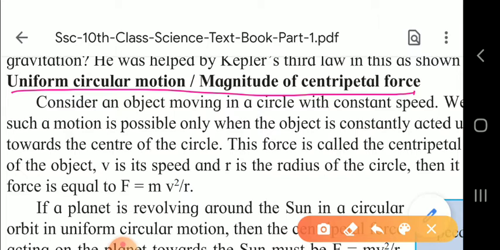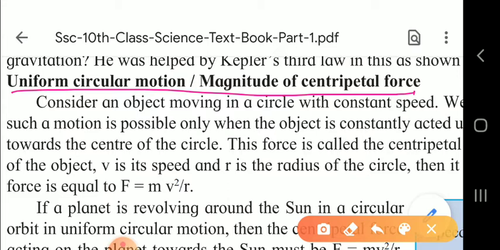Constant speed means in a certain time period, the distance covered is the same. Like in the first hour he has covered 10 kilometers, then in the second hour also he will cover 10 kilometers only. This is constant speed.